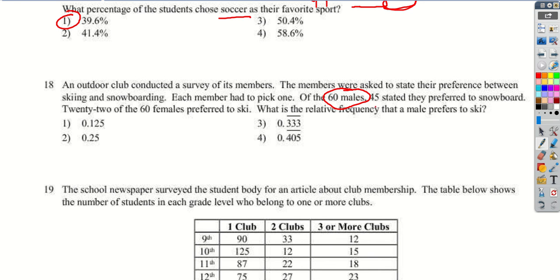Of the 60 males, 45 want to snowboard, which means that 15 want to ski. And then what's relative to the male skis? That would be 15 out of 60, which is 1/4, so that's 0.25. So be careful on this one, because the number they gave you, this 45, was actually for snowboarding.